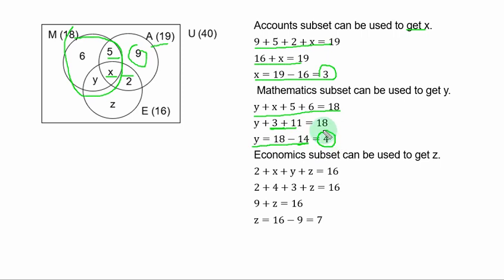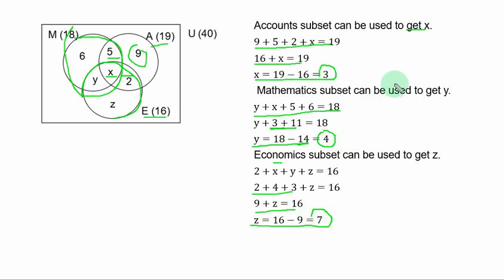To get Z, you use the subset for economics. If you add everything in that subset, you equate it to 16. Already S and Y are known. You replace them. When you add further, you get this. You transfer plus 9 to the right hand side. Z is equal to 16 minus 9, and that is 7.